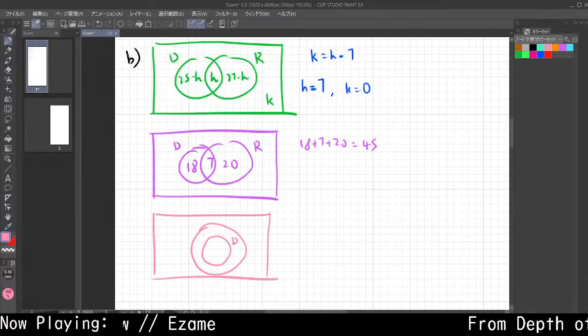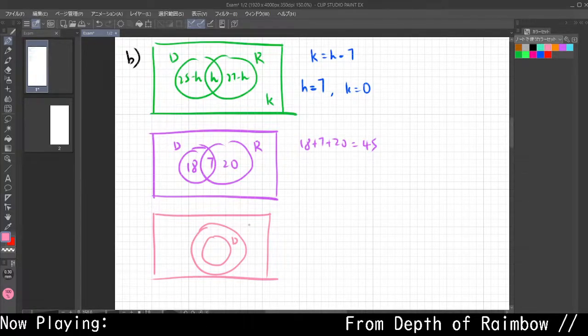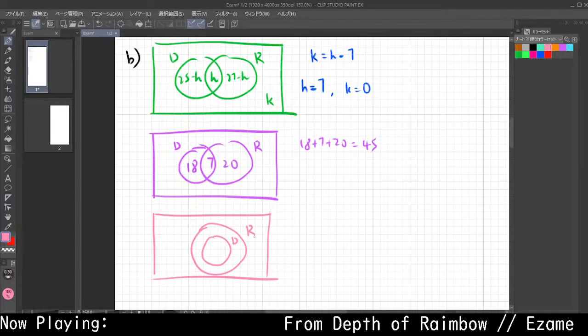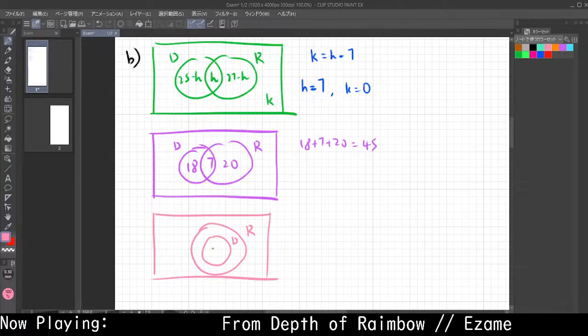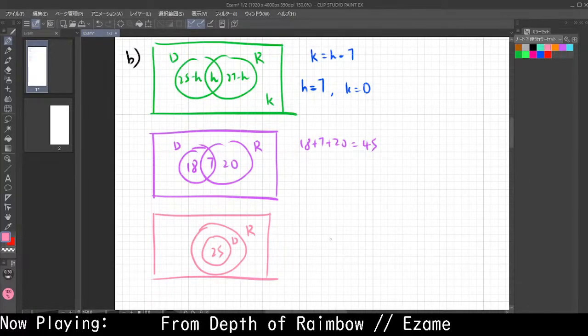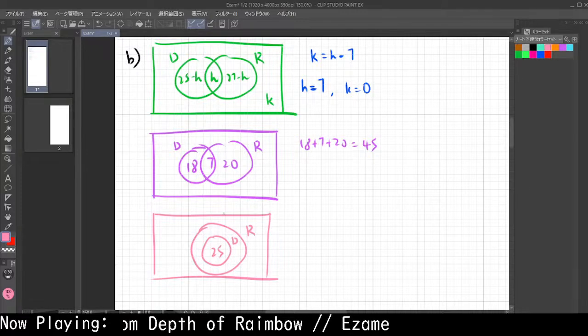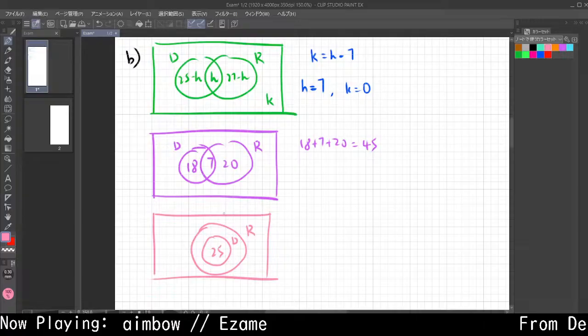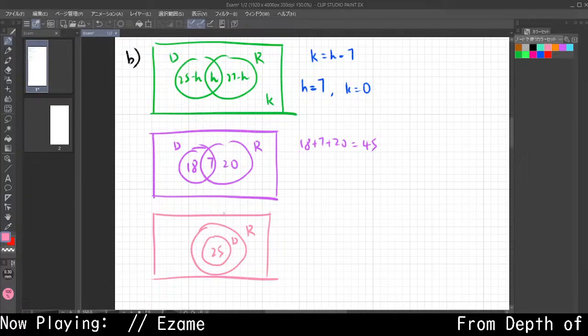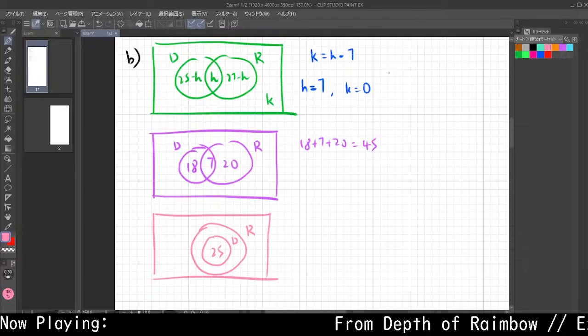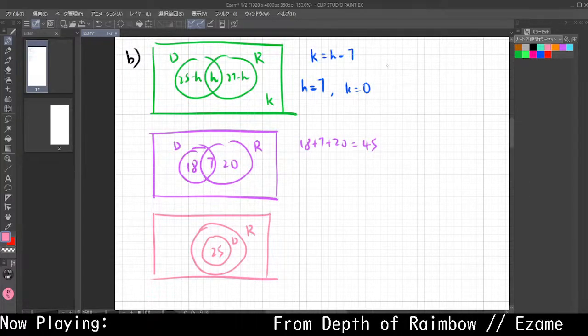So the set of students who like durian is entirely contained in the set of students who like rambutan. So my 25 will be over here. Therefore, my rambutan circle is surrounding my durian circle, because rambutan has 27, which is more than the 25 the durian circle has.